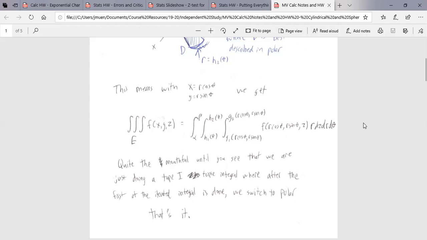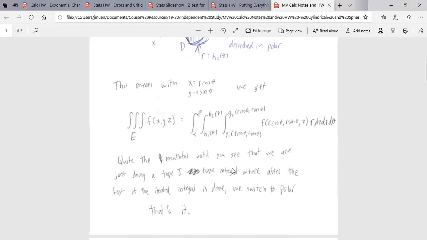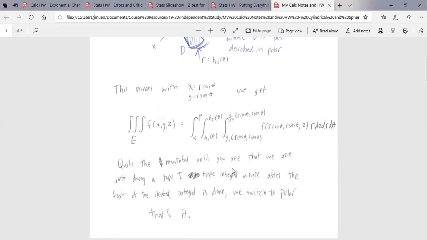You can think of your function as f of r cosine theta, r sine theta, z, and then the dz stays unchanged, but instead of dy dx, we have r dr d theta, in the same way that we converted to polar in double integrals. If this is what we're working with, then it's best to see this happen by example.